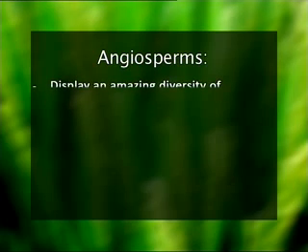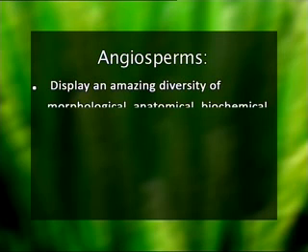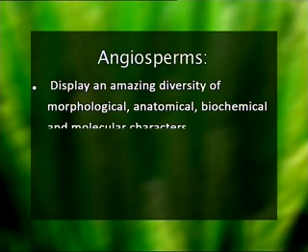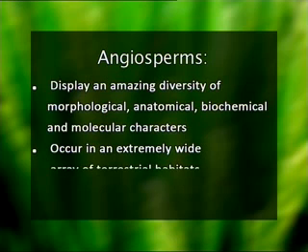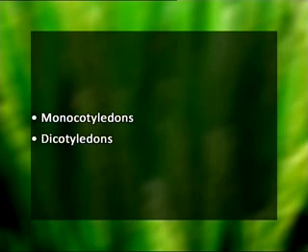These angiosperm species display an amazing diversity of morphological, anatomical, biochemical and molecular characters. They occur in an extremely wide array of terrestrial habitats, and many angiosperms have secondarily adopted aquatic ecosystems as their habitats. Traditionally, the angiosperms were recognized under two main groups, monocotyledons and dicotyledons.